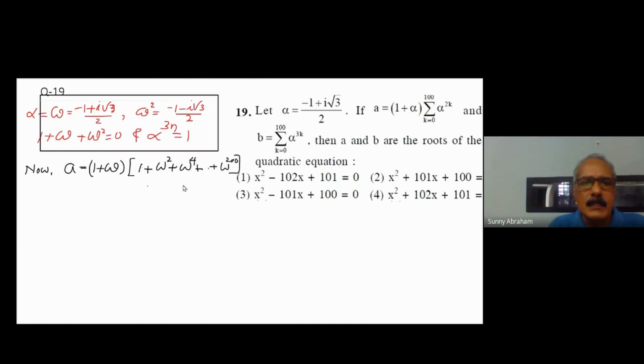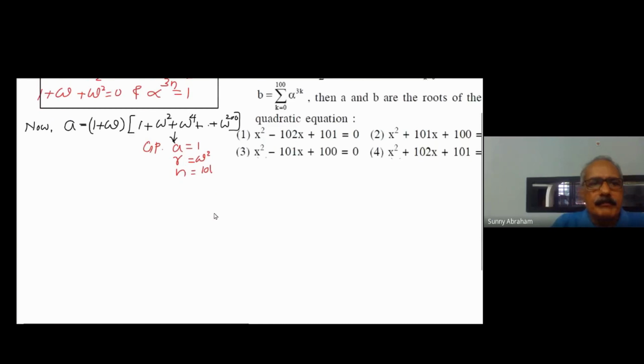That is the series. This is a GP, a geometric progression, where the first term is 1, the common ratio is omega square, remember, and n is equal to 101.